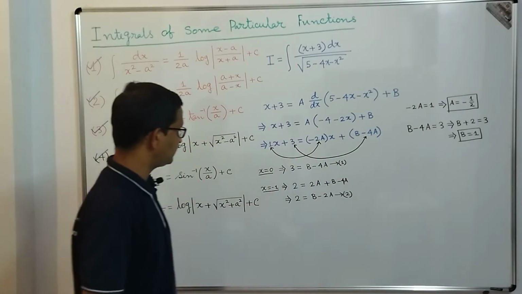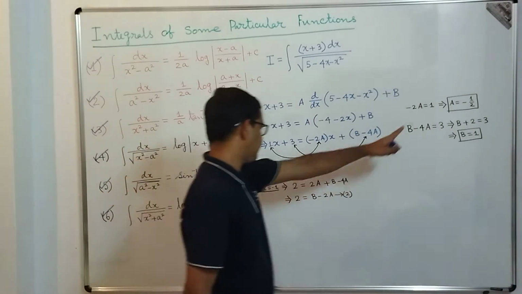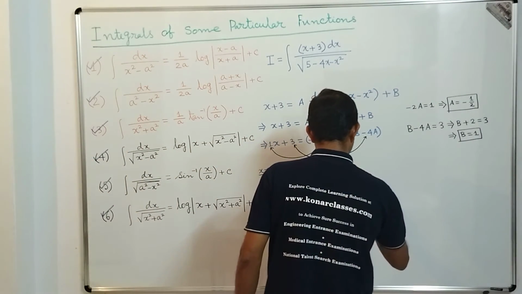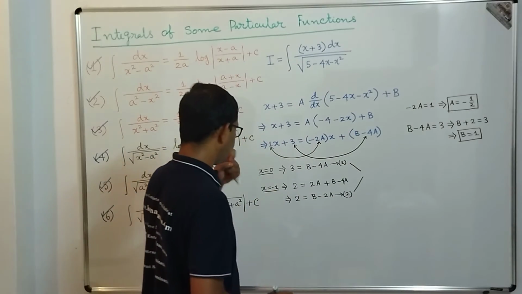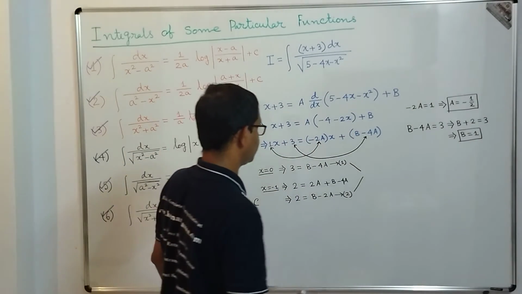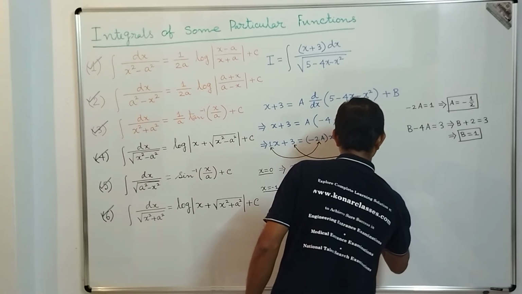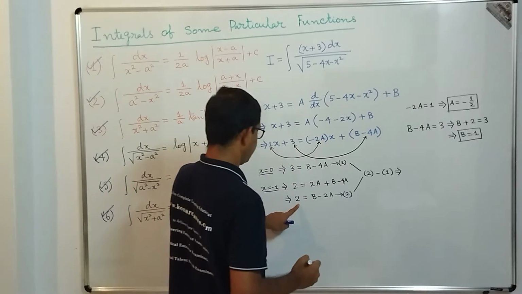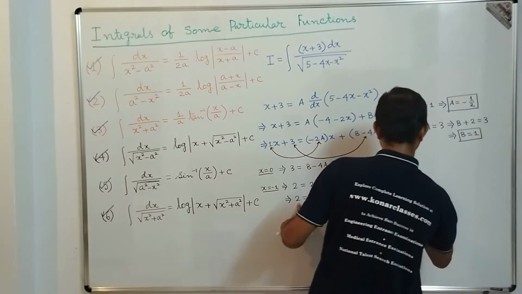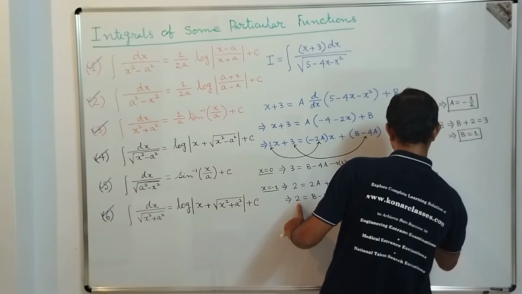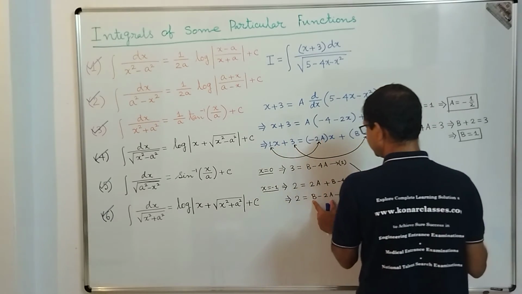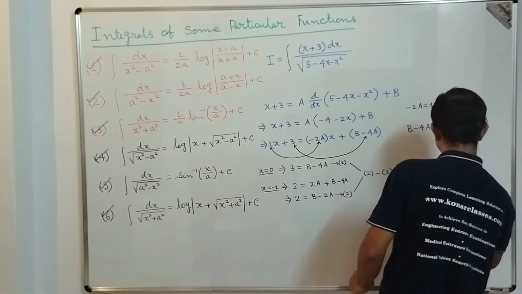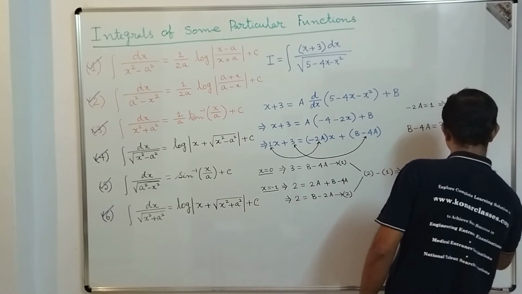Now from these two equations also we can find the values of a and b, and it will be exactly the same. Let's do equation 2 minus equation 1. On the left hand side we get 2 minus 3, equal to b minus 2a minus b plus 4a.